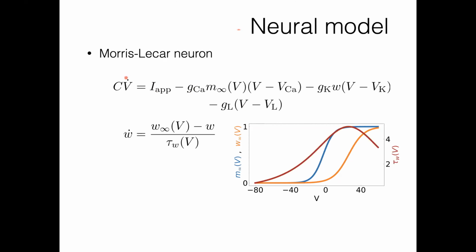So here's the standard Morris-Lecar model. So we have some voltage, which is the thing that we typically plot when we talk about action potentials, and some recovery variable W. And for those that are interested, here are some steady state functions and time constants that go along with this model. This model, of course, is not coupled to itself. So we introduce this ORTAPS model.